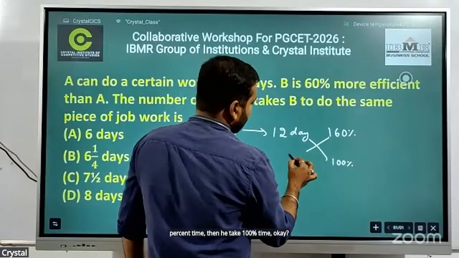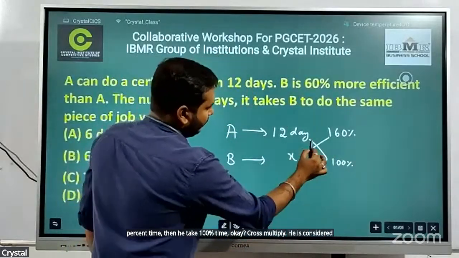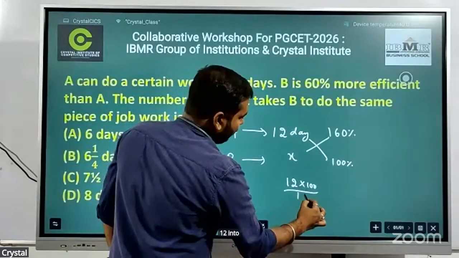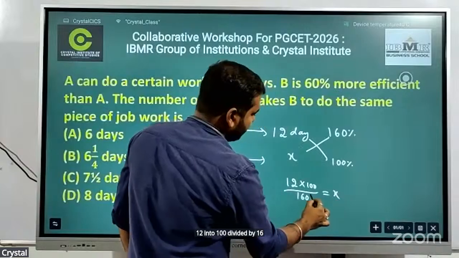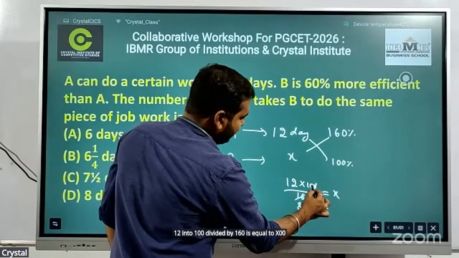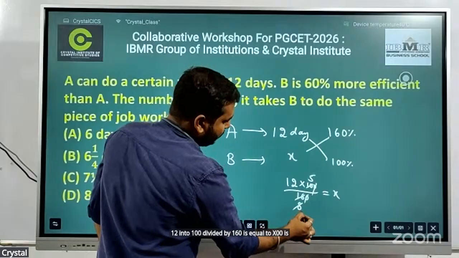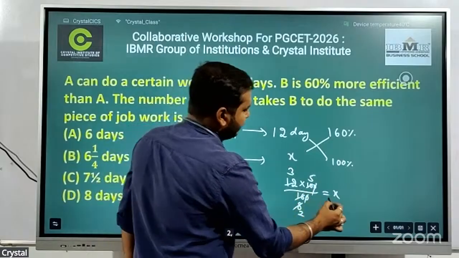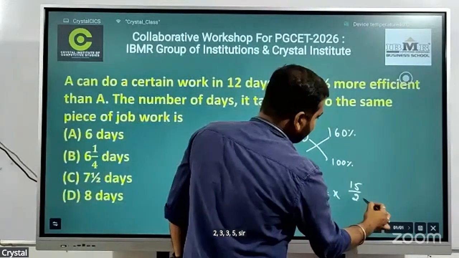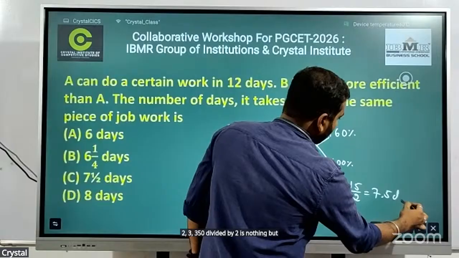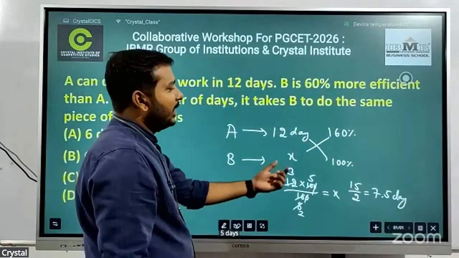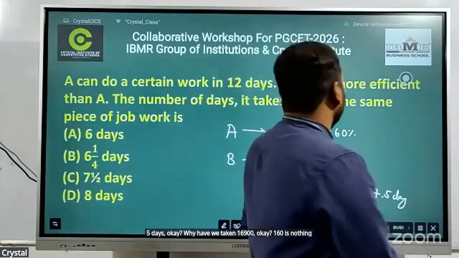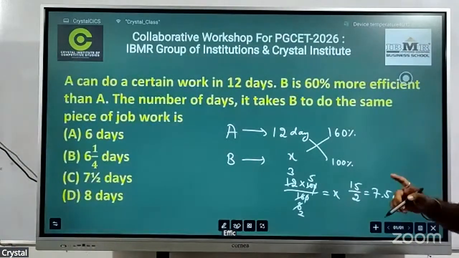Cross multiply, consider it as x: 12 into 100 divided by 160 is equal to x, which is 15 divided by 2, that is 7.5 days. Why did we take 160 and 100? 160 is the time. Efficiency and time are vice versa.